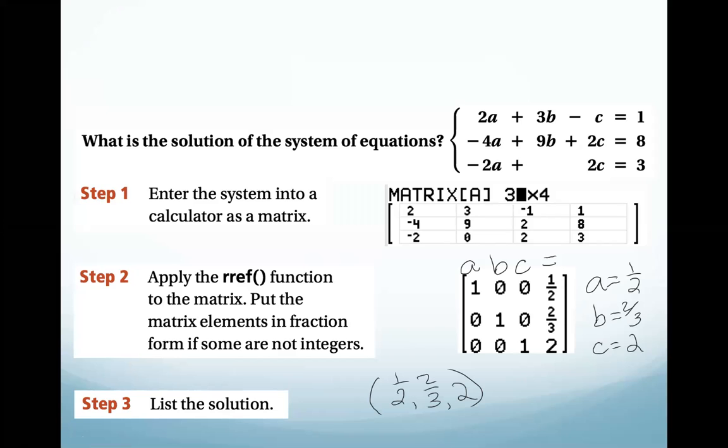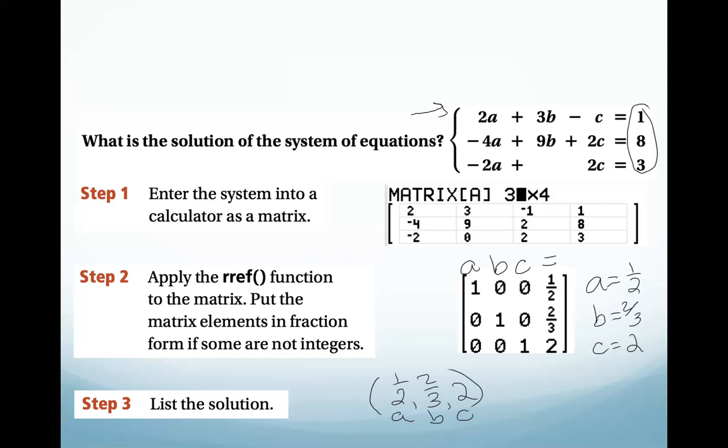Now, if I wanted to check that, if I didn't have 100% faith that I had done it correctly in the calculator, what I can do is replace this A, B, and C and substitute it into my equations. Very similar to what we did with the table a couple sections ago when we checked our graph with a table. We can essentially do the same thing with 3 variables. I'll substitute all 3 variables and then check.